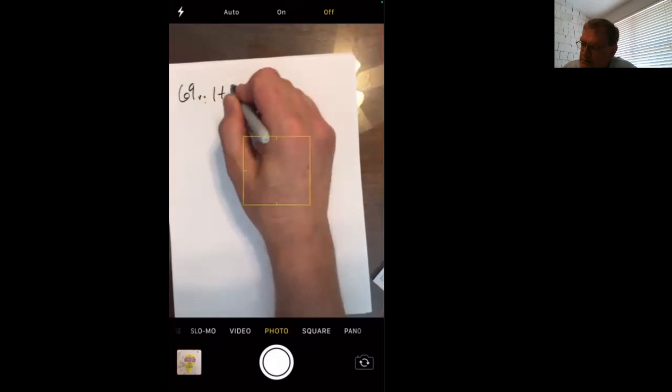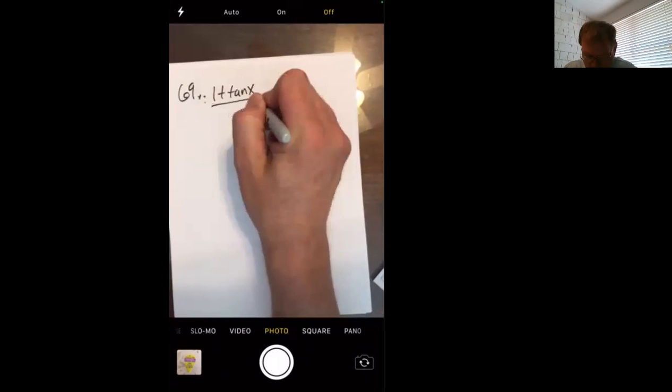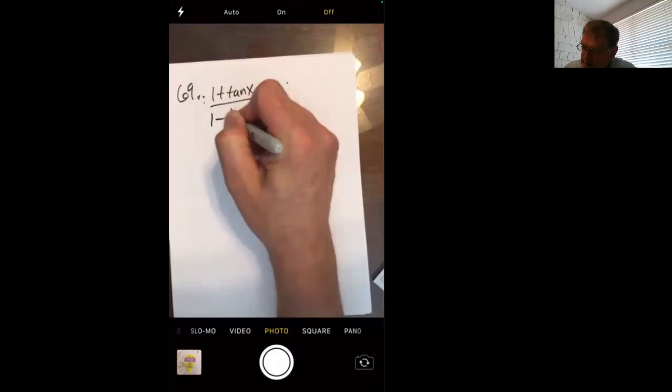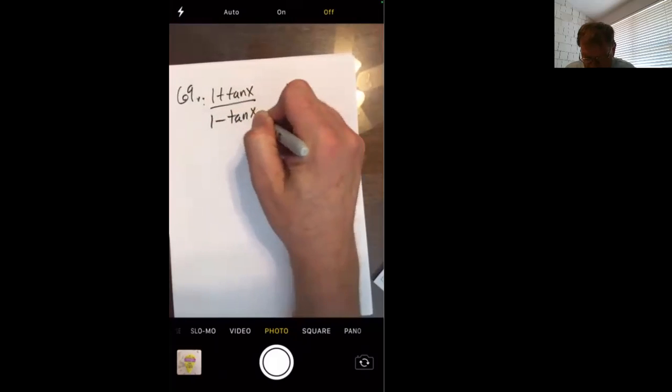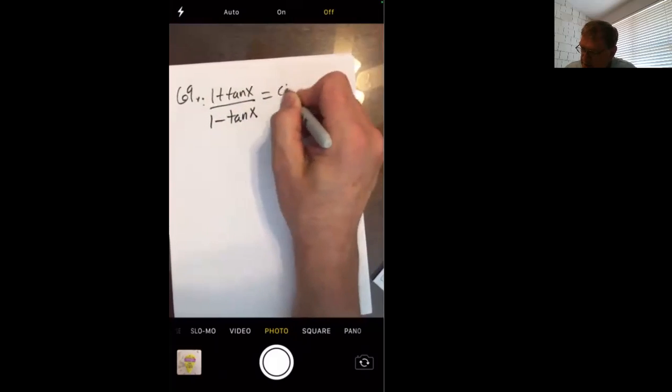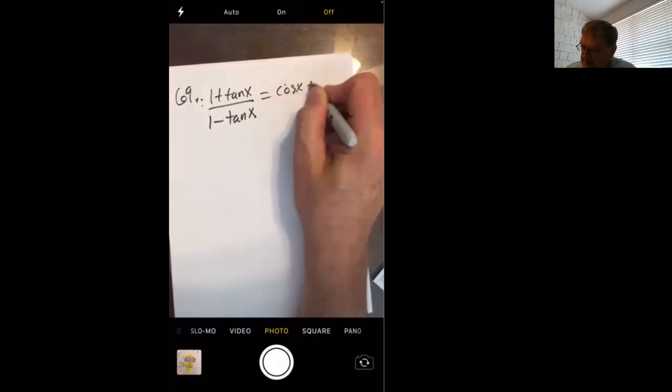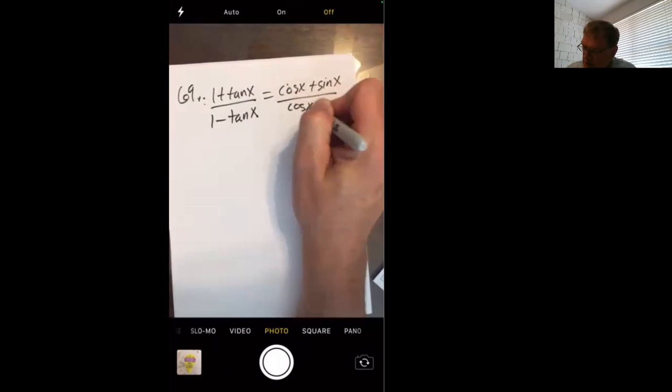1 plus tangent x over 1 minus tangent x equals cosine x plus sine x over cosine x minus sine x.